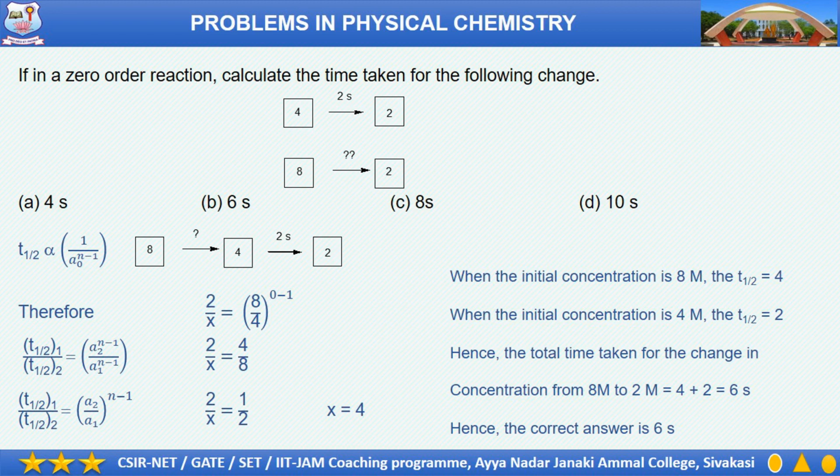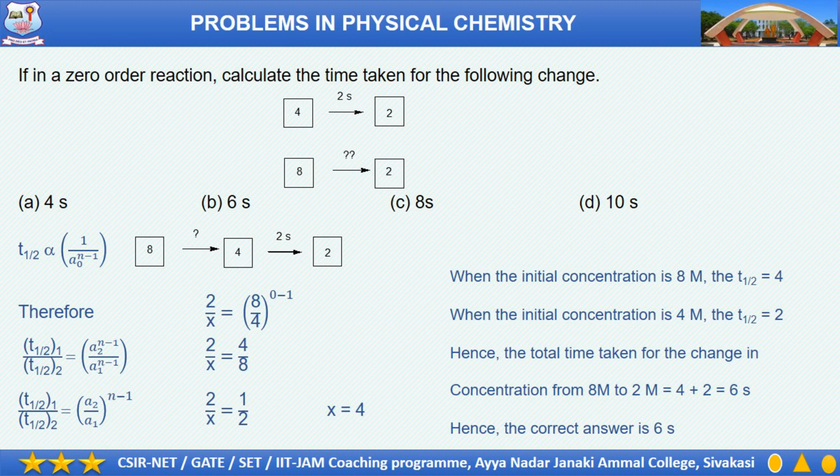Otherwise, you can approach in another manner also. First, you will approach by the methodology method. In the first reaction, it is given 4 to 2 takes 2 seconds. Therefore, 2 by x equals, what is that?